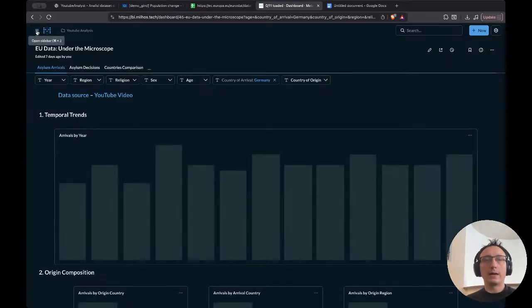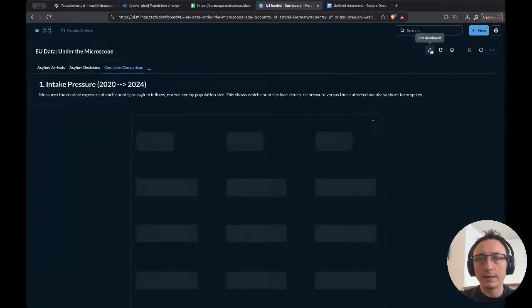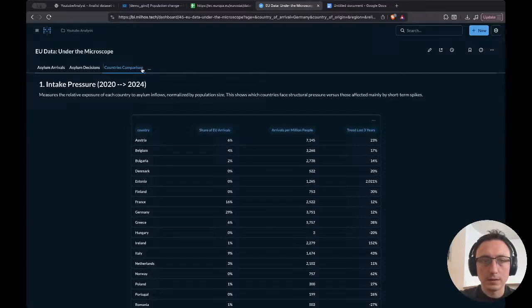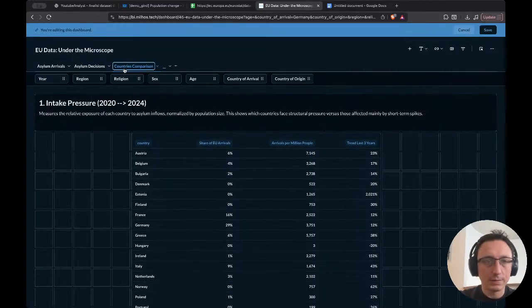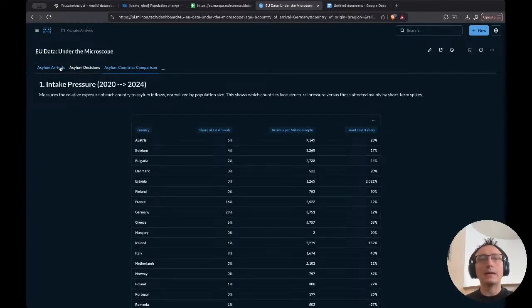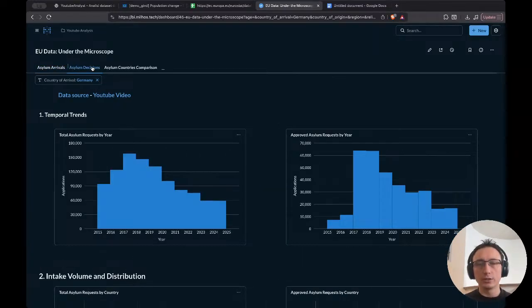As you know, we are building this dashboard, and so far we have analyzed data about asylum arrivals in Europe, asylum decisions.